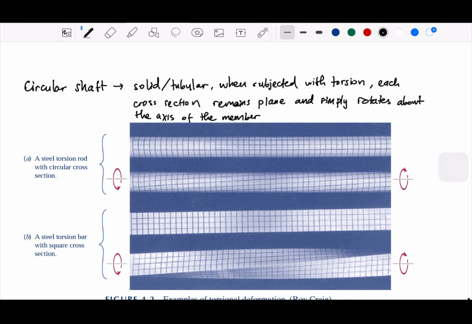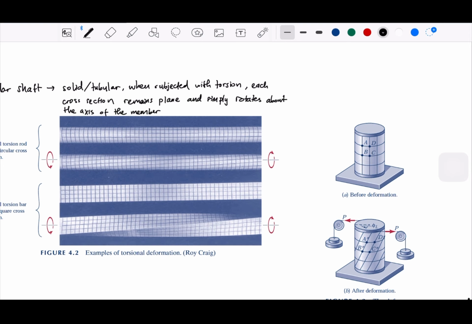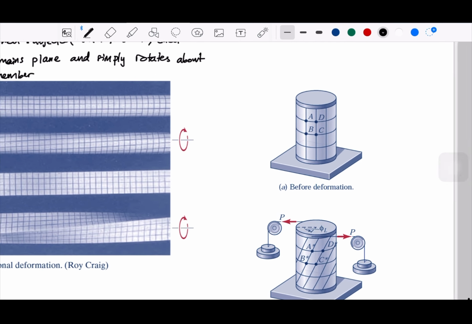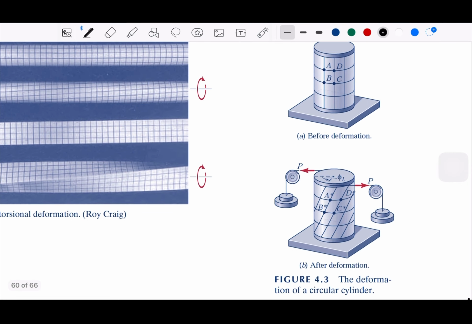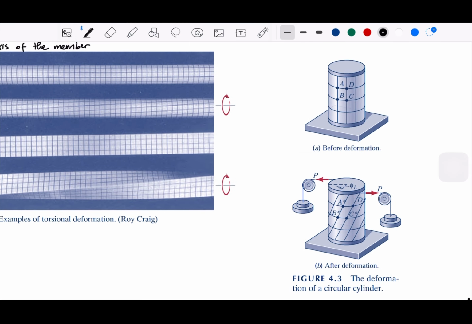So if we want to, let's say, take some small points, we can see how they change before and after deformation. Let's check here. So this is a circular cylinder with points A, B, C, D. And let's say we are going to have a twist. We have a torque with a magnitude of P, this torsion here.